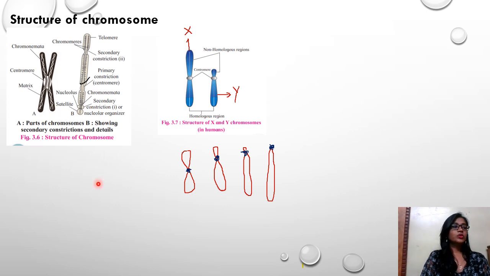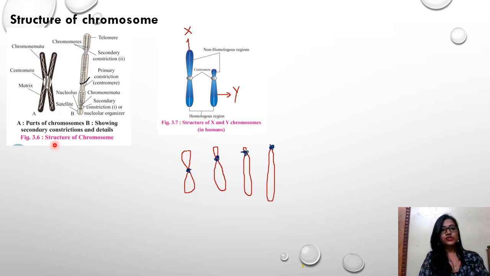According to the stage of cell division, the shape of the chromosome changes. During interphase it is a chromatin network, while in metaphase the chromosome shows maximum condensation and appears very short and very thick.